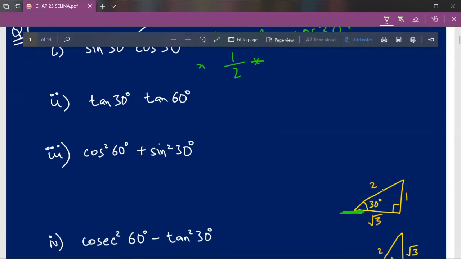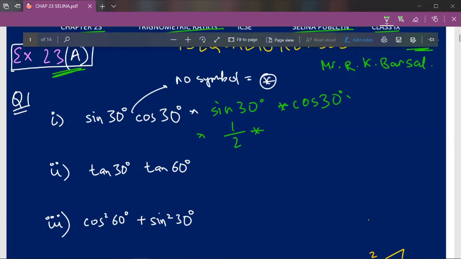So cos 30 degree will be root 3 upon 2, and therefore 1 into root 3 is root 3 and 2 into 2 is 4. So our final answer for sine 30 degree cos 30 degree is root 3 upon 4.